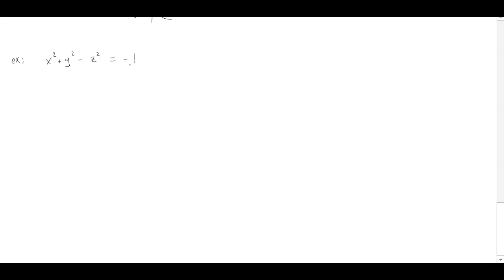And maybe just to make it a little bit more interesting, instead of doing plus y squared minus z squared, let me change it a little. Let's do minus y squared and plus z squared instead. Okay? All right, let's see what that affects.